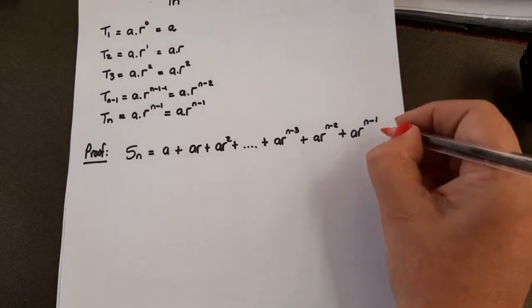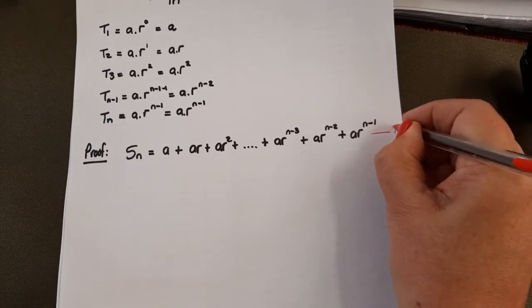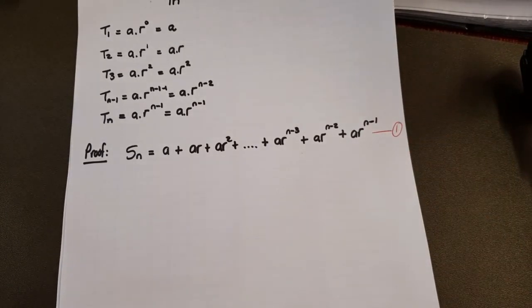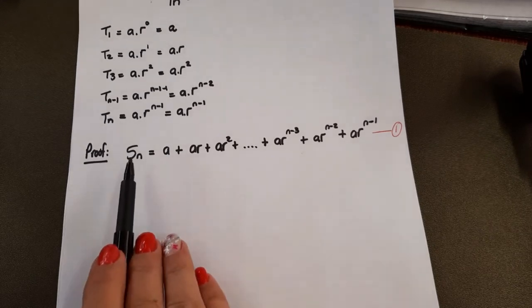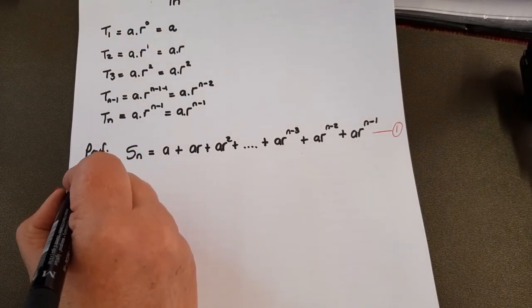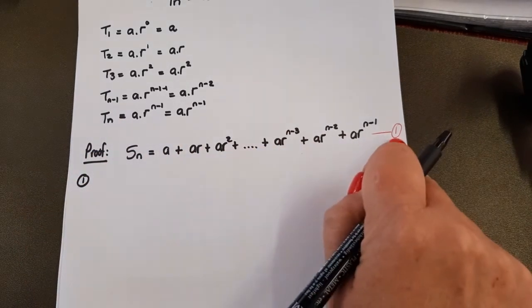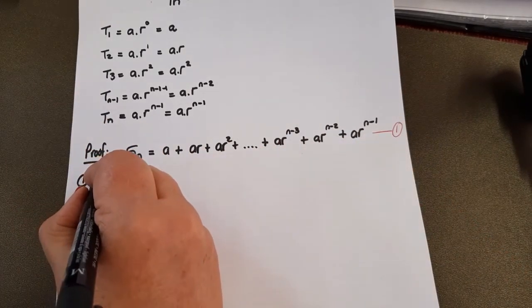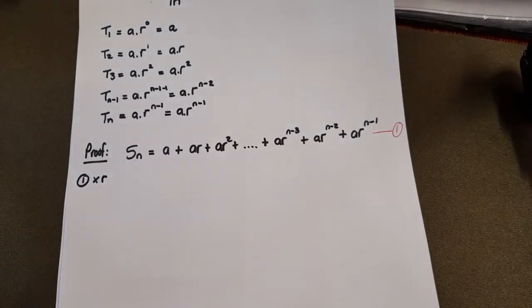And let's name this equation 1. Our next step in the proof is to multiply each of these terms again with r. So I'm going to take number 1 and I'm going to multiply it with r, the ratio.